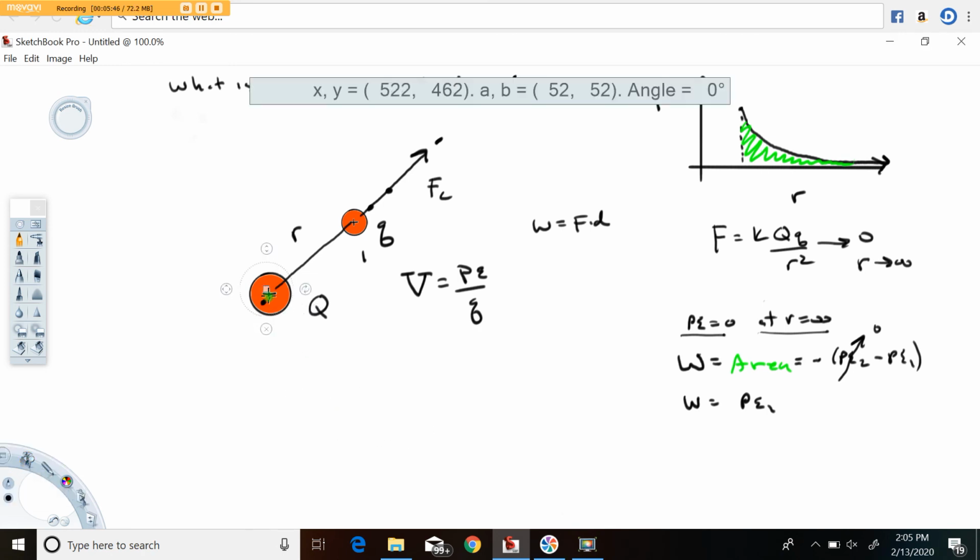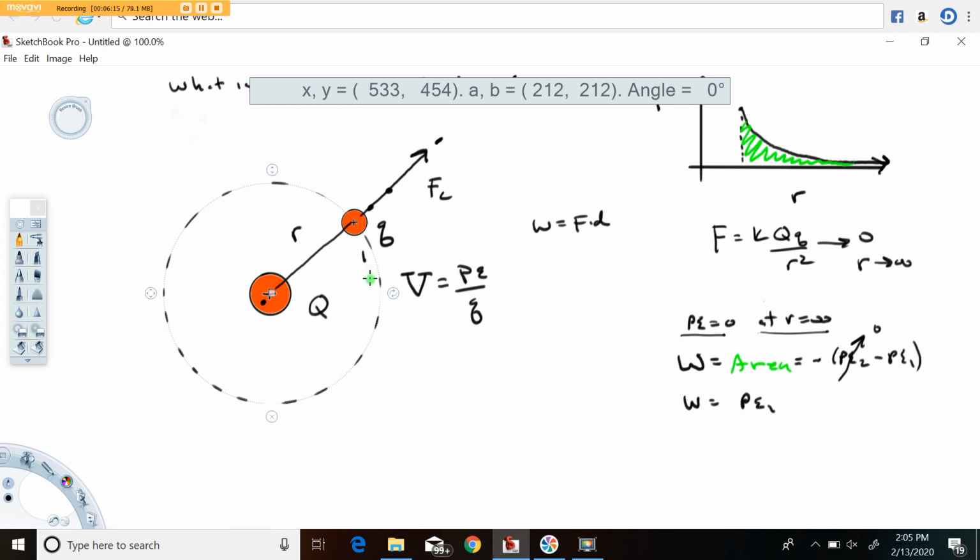All right, so if I were to make myself like a circle around this charge, I could put this one anywhere on the circle, and if you let it go accelerating away, you'll get exactly the same force curve, exactly the same green area, exact same amount of work done.